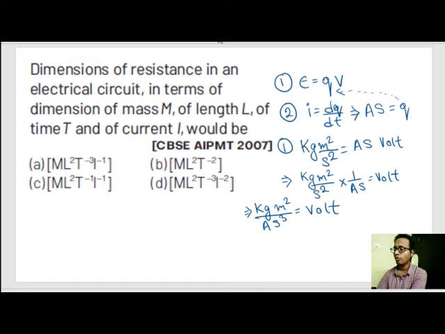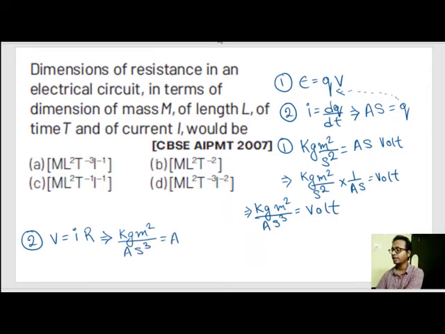Now from Ohm's law we know that V is equal to IR, where current is a fundamental unit. So the dimension of volt is kg meter square by ampere into second cube, and the unit of current is ampere, so resistance would be kg meter square by ampere square into second cube.